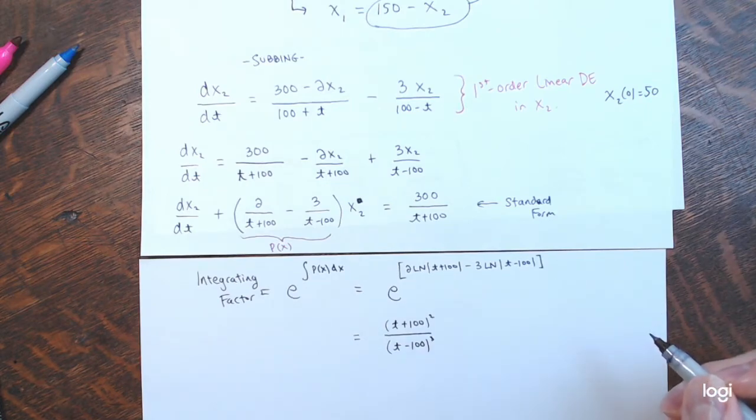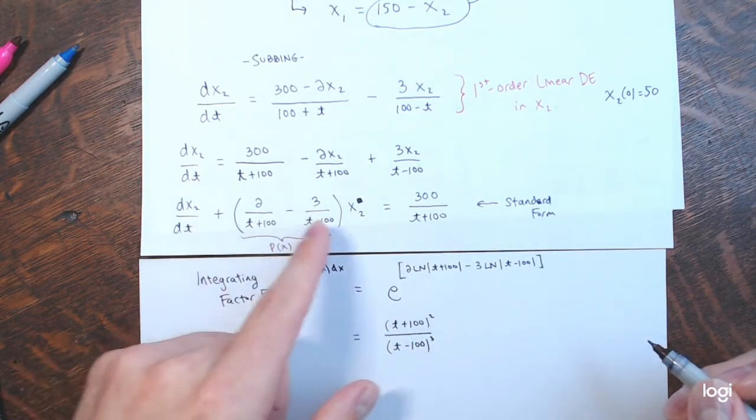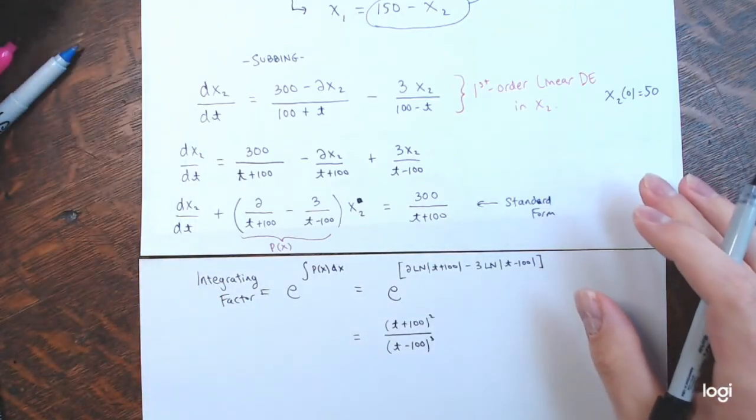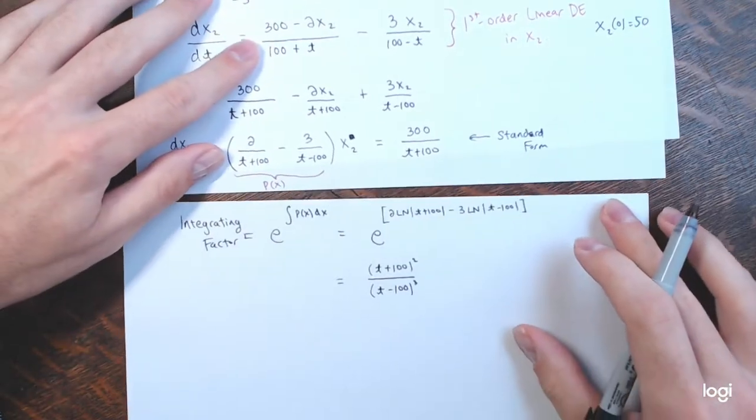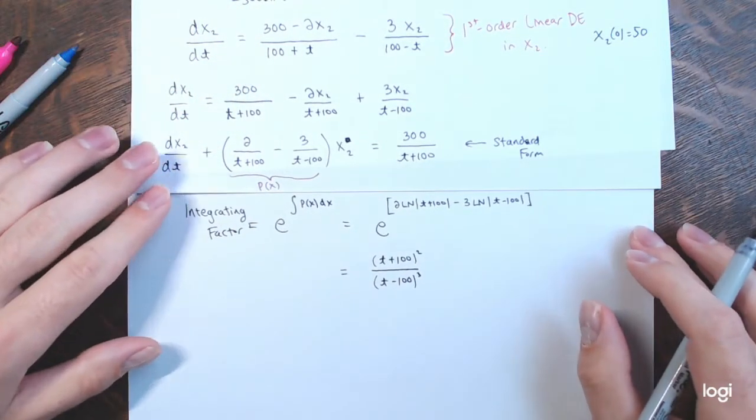Then I multiply both sides by the integrating factor. Again, a lot of stuff here that hopefully you're familiar with and remember how to do from earlier videos or earlier sections.